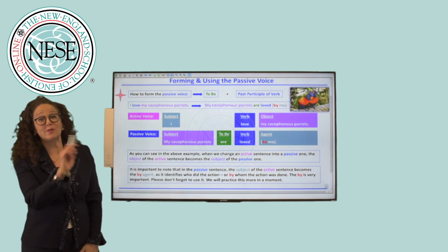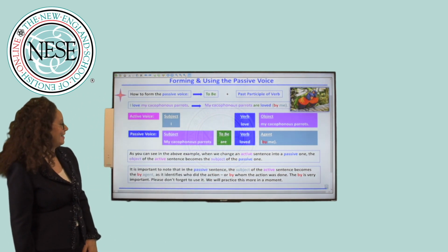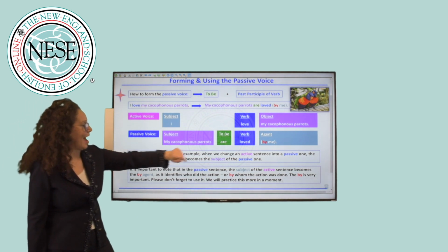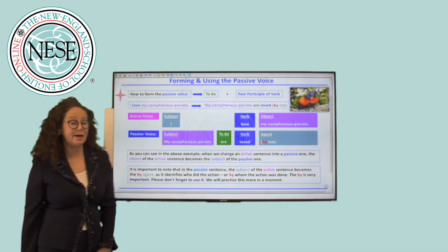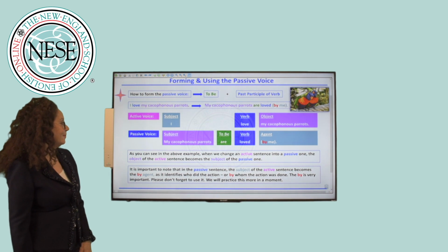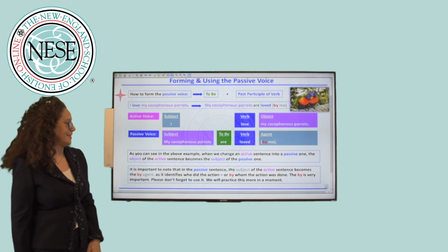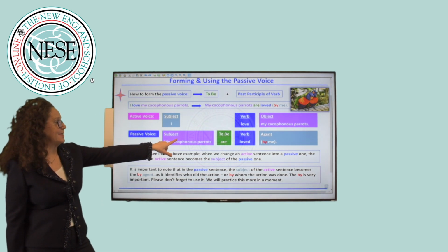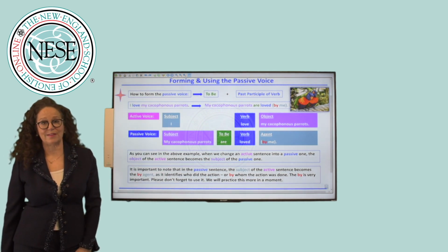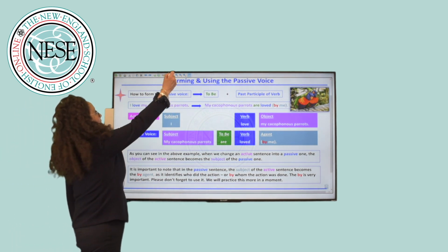I wanted to make sure I was reading the same thing you could see. The object of the active sentence becomes the subject of the passive one. All good? Let's continue.